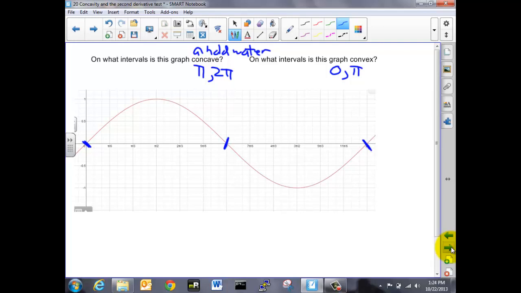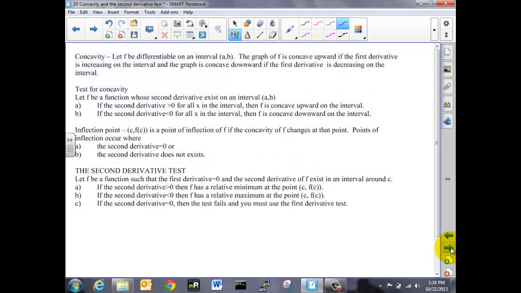It's easy to see concavity with a group of points, but it's hard to see concavity when we're talking about just one point. One point, not points. Concavity has to do with the second derivative. Now all these words scare you, okay? Don't worry about it. You might want to actually read them sometime, but don't worry about them.